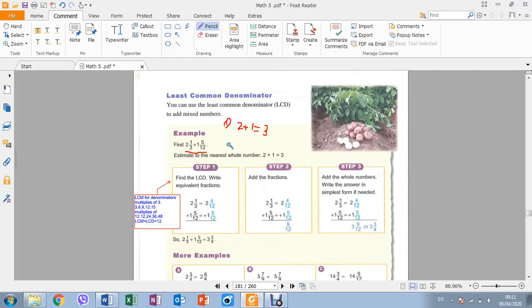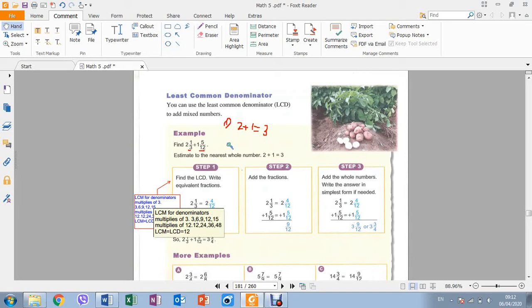After that, look at the fractions. We have 1/3 plus 5/12. Look at the denominators, this 3, this 12, these are unlike denominators. So we use LCM for finding LCD. Look for the LCM of the denominators 3 and 12.